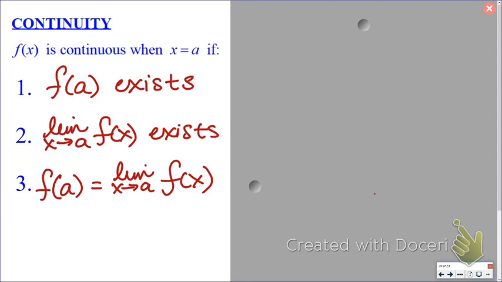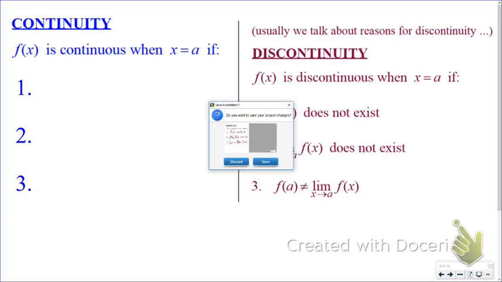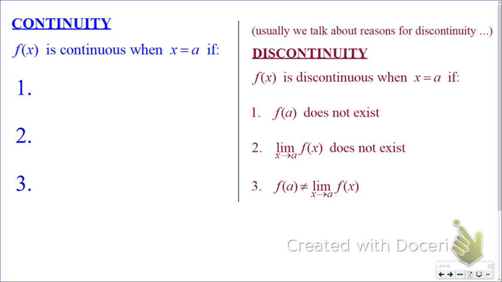I want to state that f is not continuous if either the function value does not exist, the limit does not exist, or they are not equal. Okay, so let's look at a few of those cases.